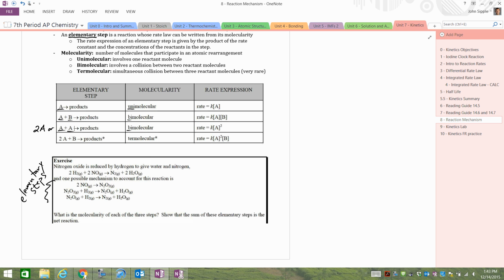So we've got these 2 for both of those reactions. Then this one here, we have 2 NOs. So there are 2 reactants for each one of those reactions. So all of these will be considered to be bimolecular.